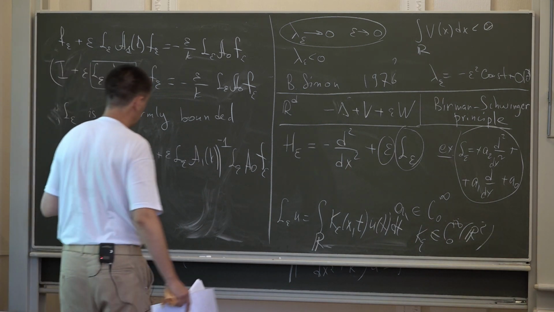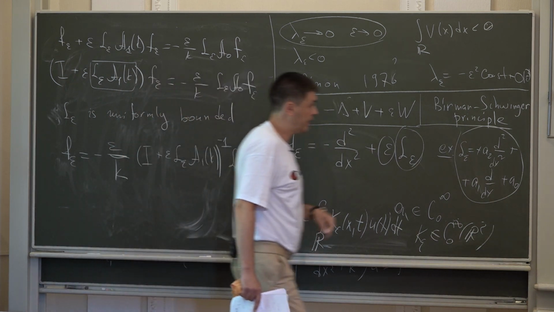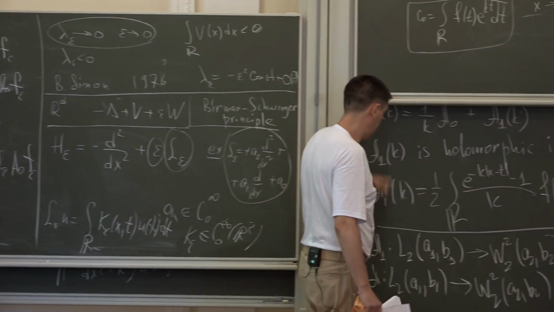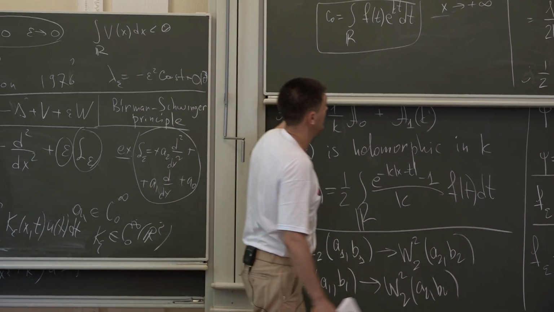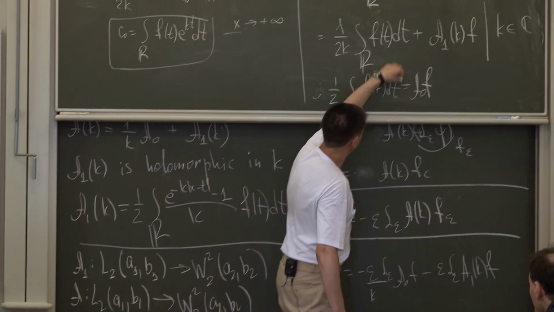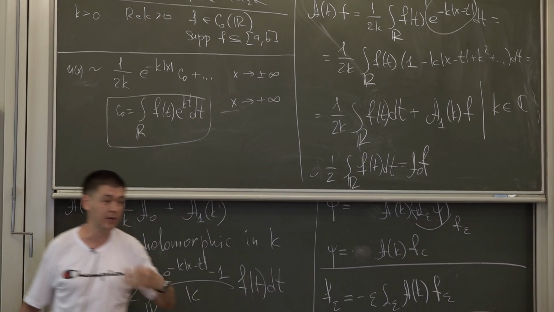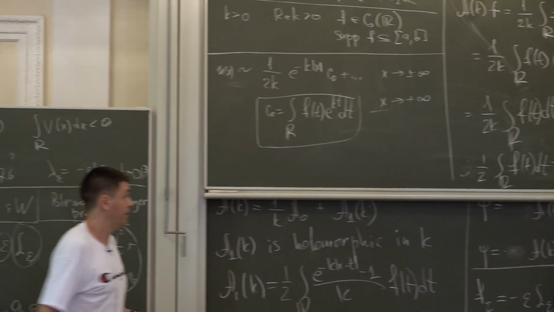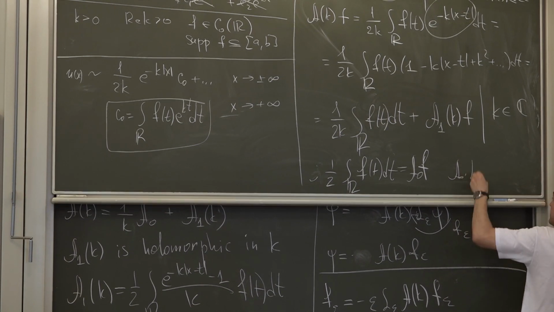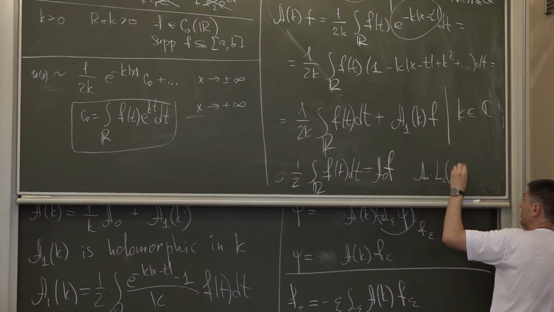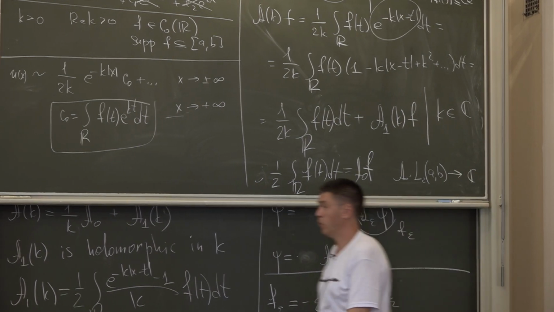This is the solution. Why? Because A0 of F epsilon, by its definition, wait, where is it? I had it somewhere here. So here, A0 of F is not actually an operator, it is a functional. A0 maps L2(A,B) into the set of complex numbers.